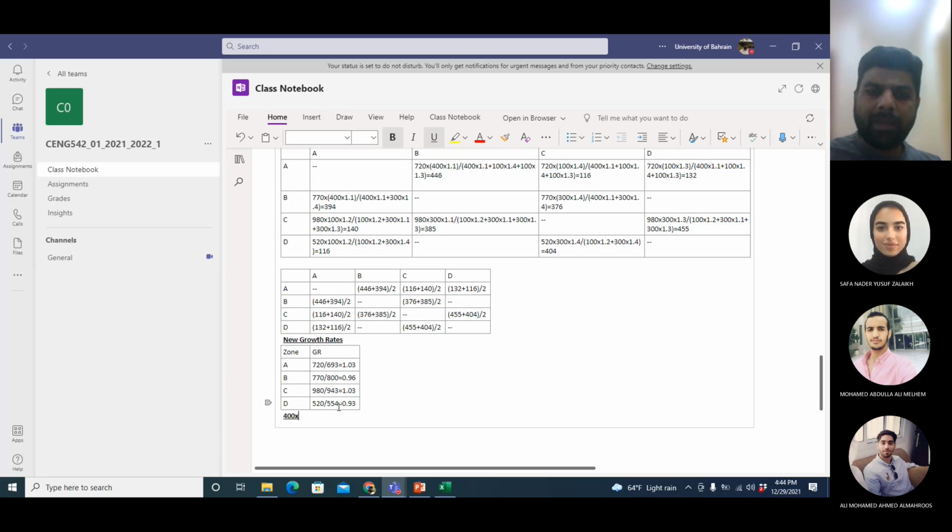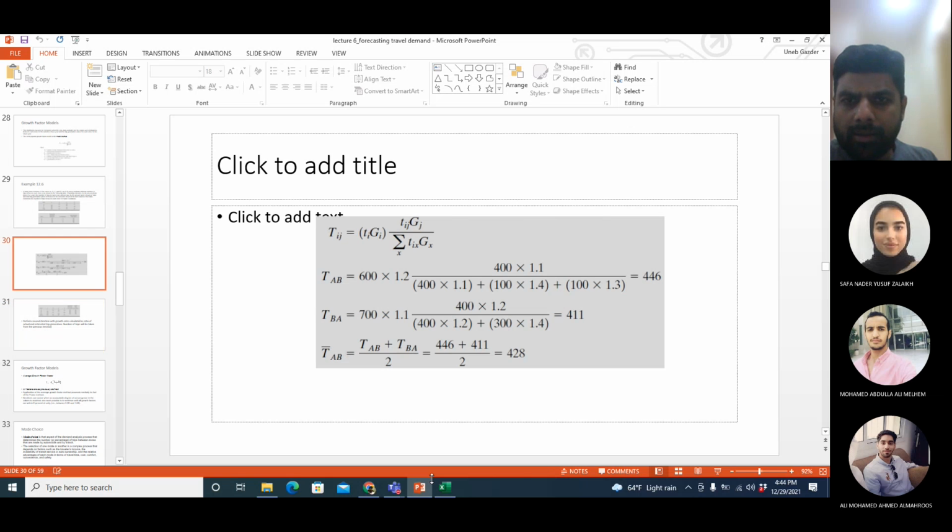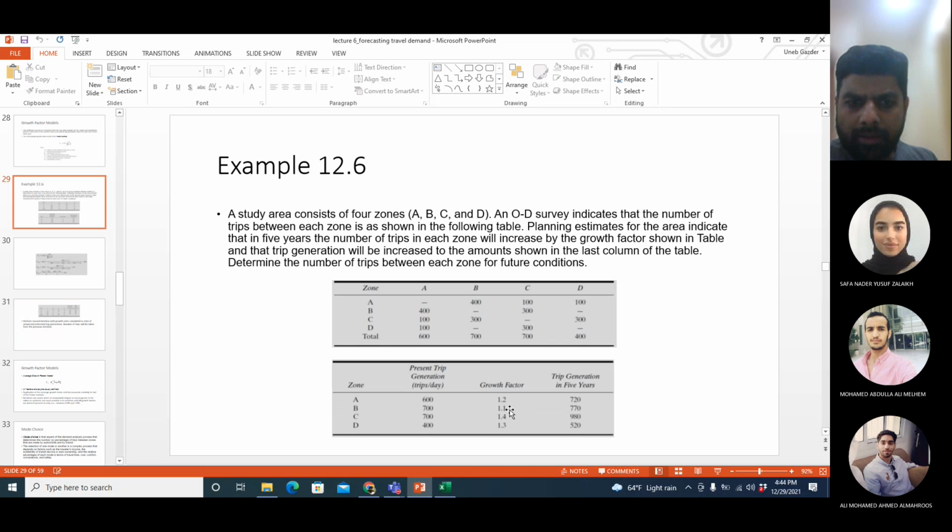This will be multiplied by the average growth rate of A and B. The growth rate for A is 1.2, B is 1.1, sorry.